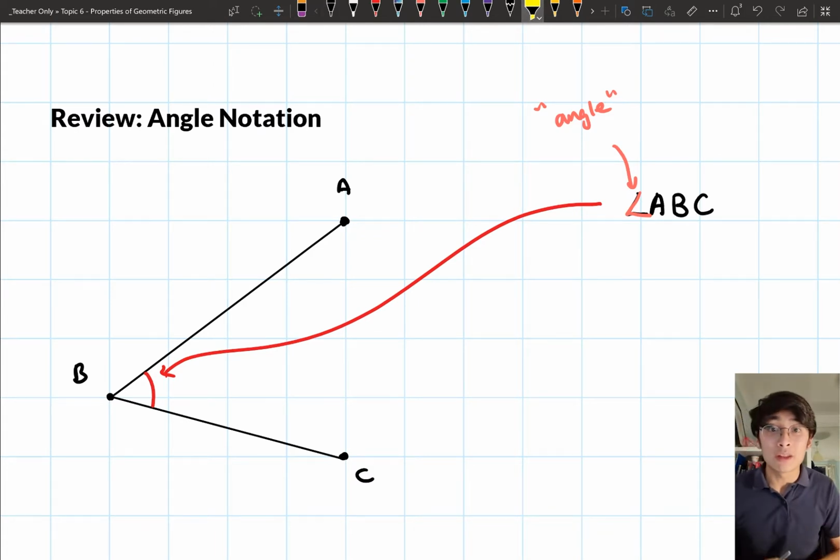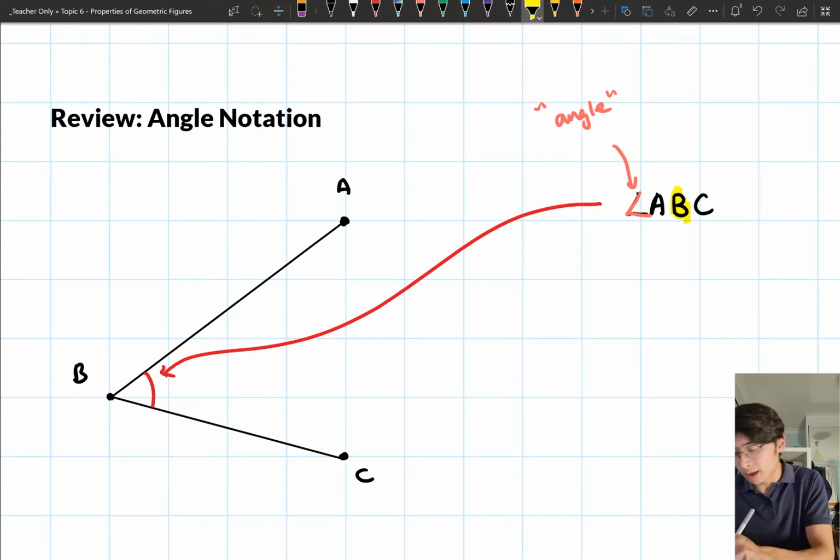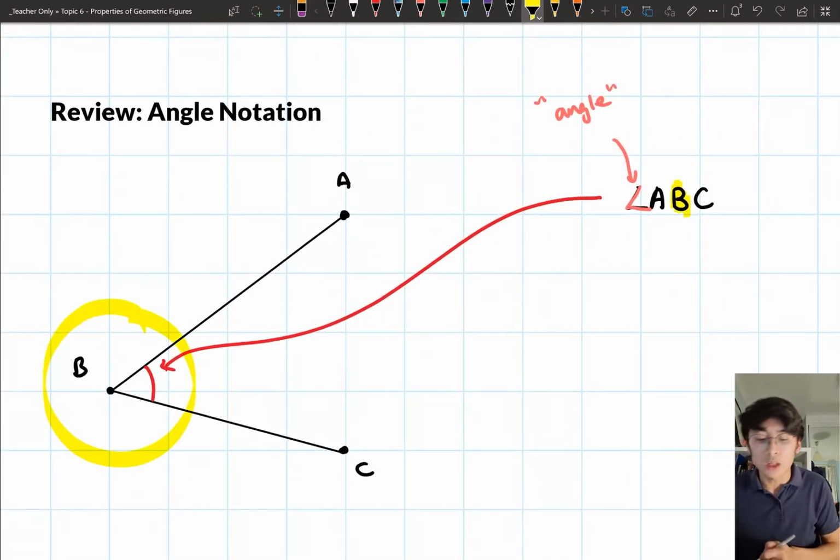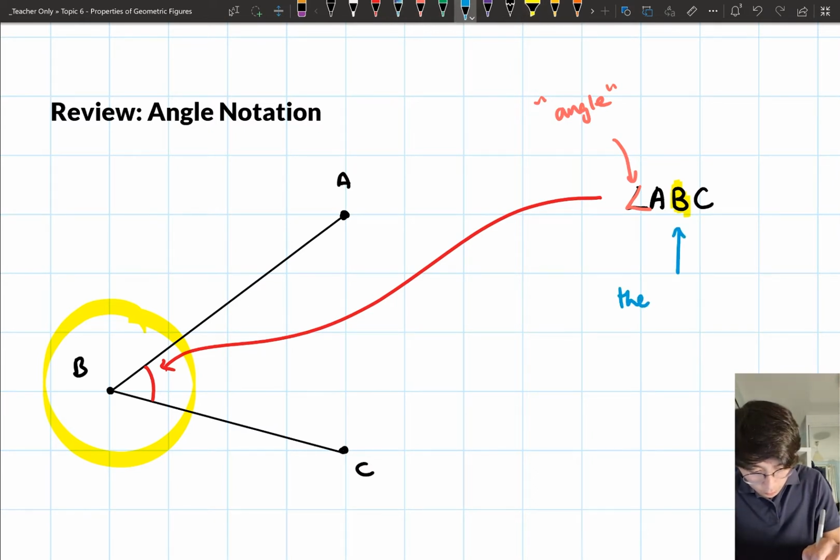The important thing when we're naming an angle is that the middle letter is the corner or vertex, which is where the angle is at. So if you have a look over here, the angle is at B. And so when I'm naming my angle here, this angle is called angle ABC, and B is the important letter here. So B is the vertex where the angle is located.